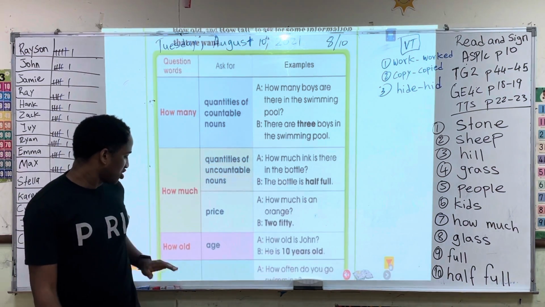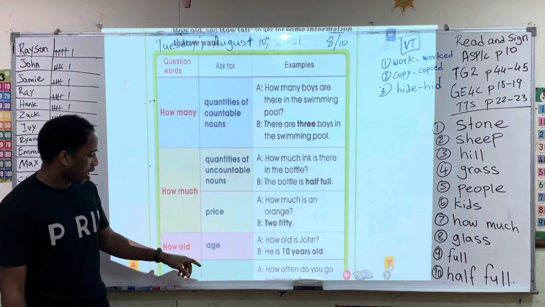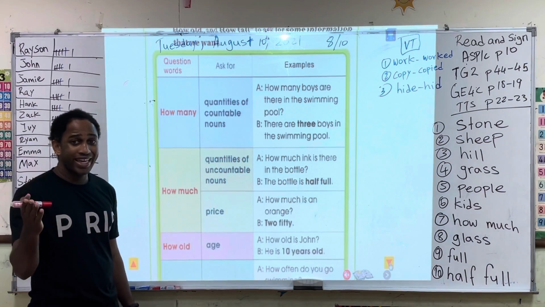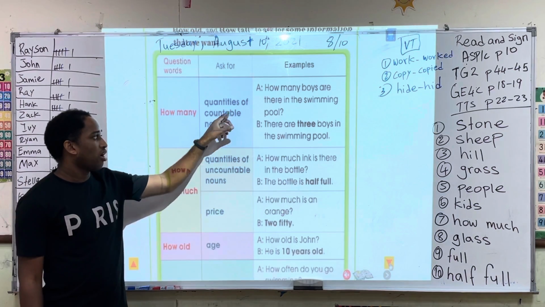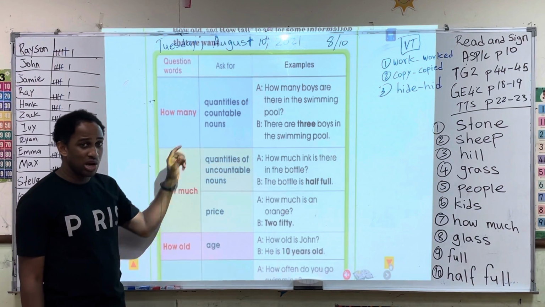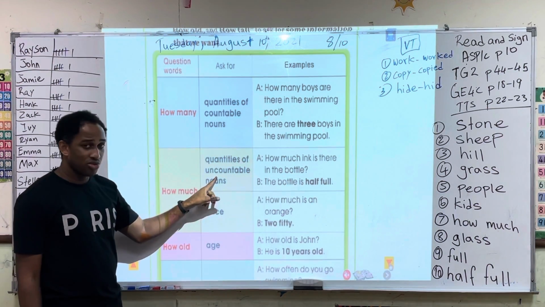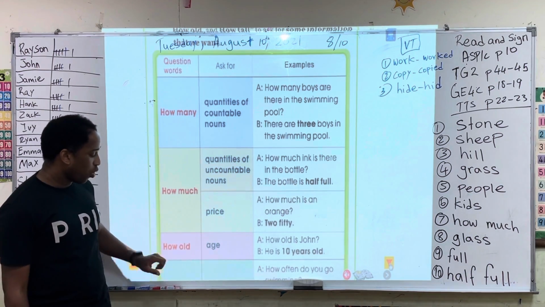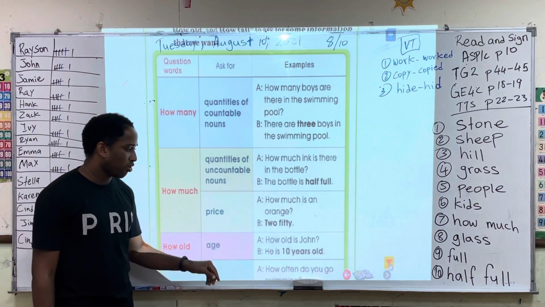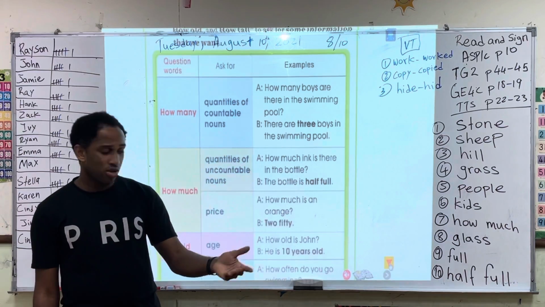Okay, now we go to how old. How old is used for age. So remember, how many is used for quantities of countable nouns, how much for uncountable nouns, and you can use how much for price. Okay, now we go on to how old. How old is used for age. How old is John?